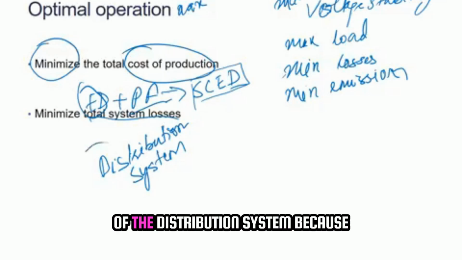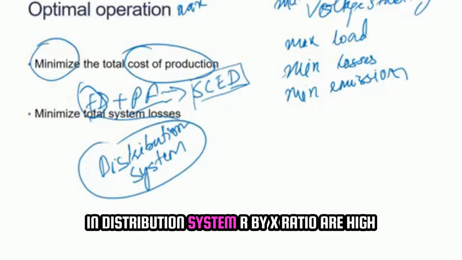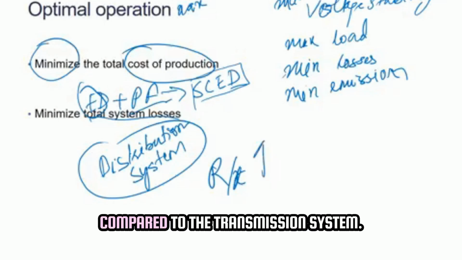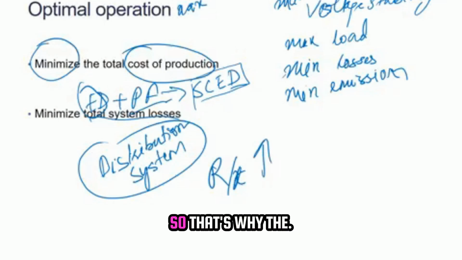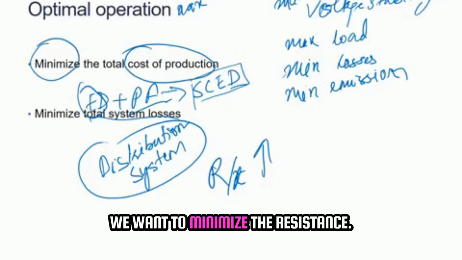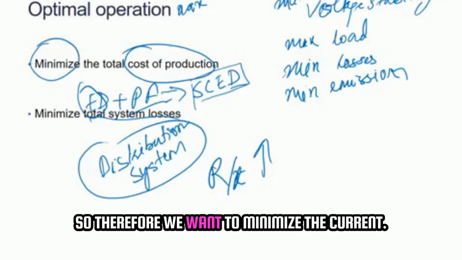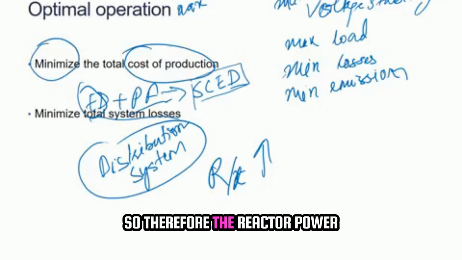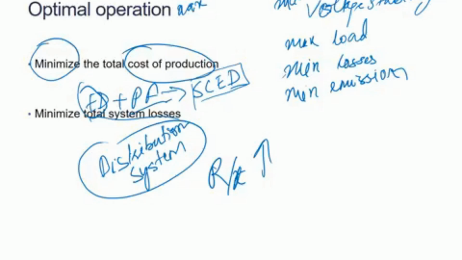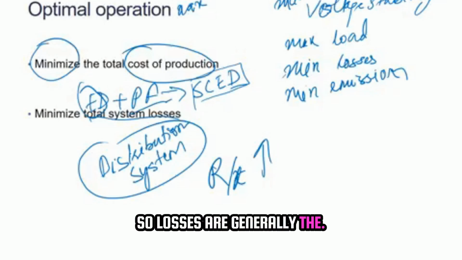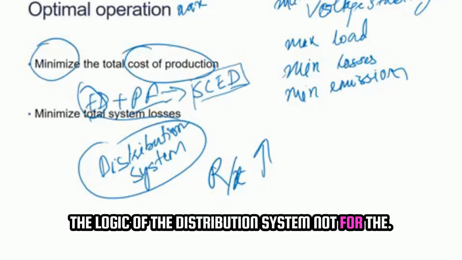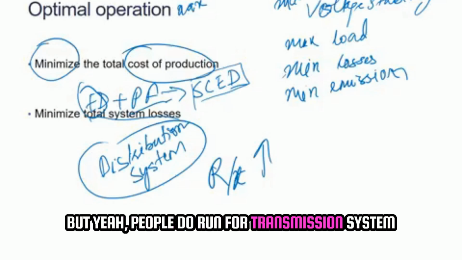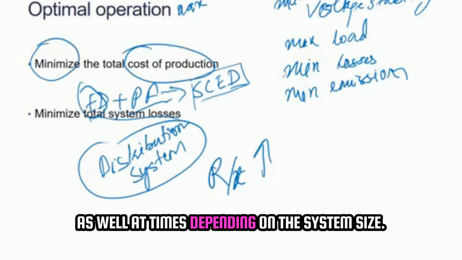This is generally an issue of the distribution system, because in distribution systems the R by X ratio is high compared to the transmission system. Since resistances are higher, we want to minimize the current, so the I square R losses are less. But yes, people do run it for transmission systems as well at times, depending on the system size.